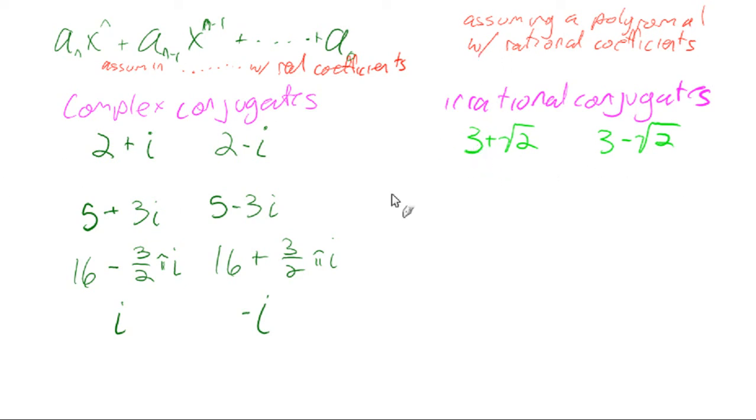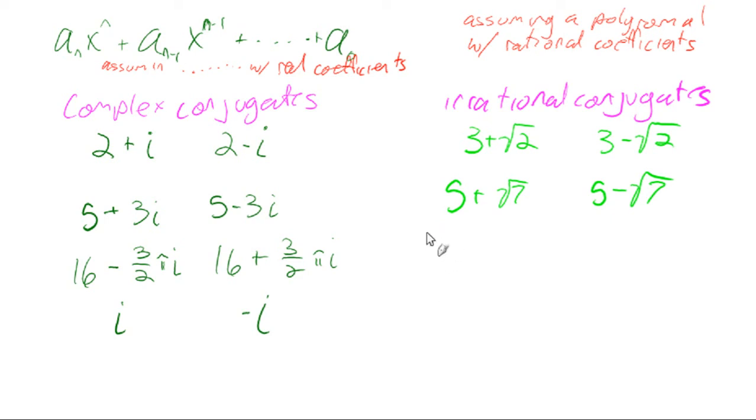So let's talk real quickly again about complex or irrational conjugates. So if 5 plus root 7 is a zero, so is 5 minus root 7. If, let's think of the weirdest one, pi, that's an irrational number itself.